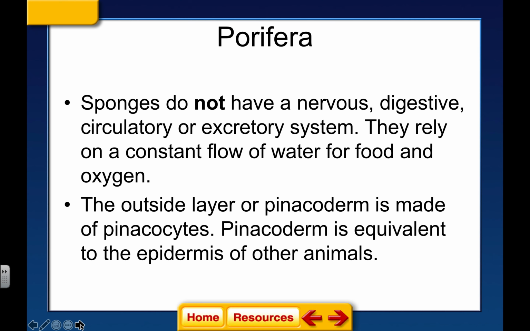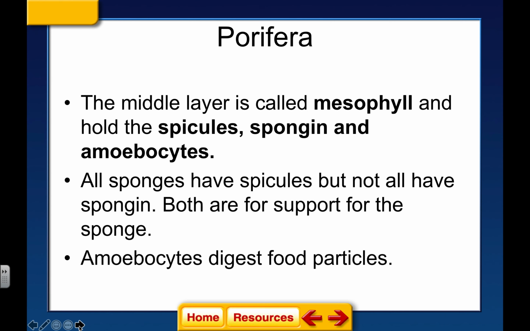Those are just little units put together to make this overall outside layer. It's not, again, a tissue layer. This is a protective layer for the sponge on the outside, and it is equivalent to the epidermis in animals. Your epidermis is your outer layer of skin, which is a protective barrier for you, and that's the way the pinacoderm is to the sponge.